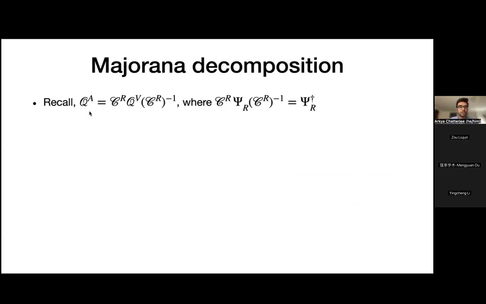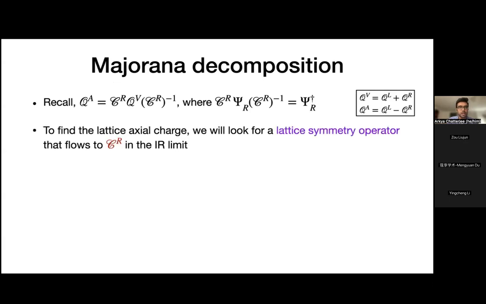First, we recall from our definitions of the axial and vector charges that QA, which is QL minus QR, is nothing but QV conjugated by the charge conjugation of the right movers, which takes QR to minus QR. So in order to find the lattice axial charge, we'll look for a lattice operator that flows to this CR in the IR limit, the low energy, long wavelength limit.